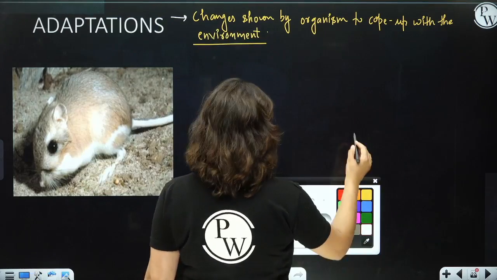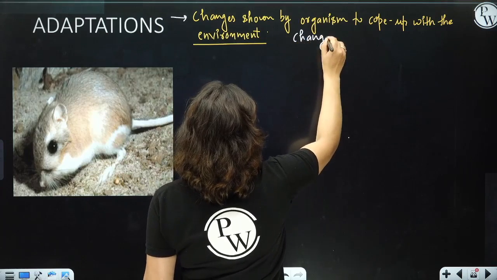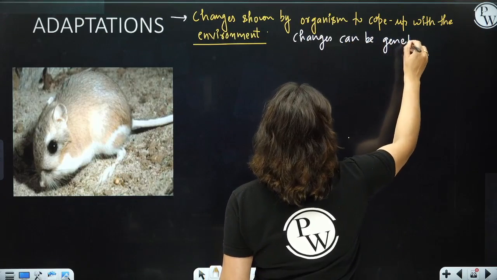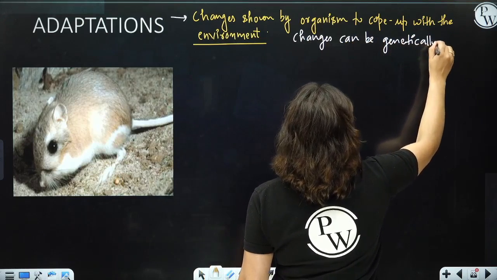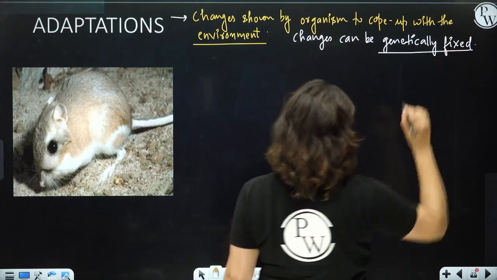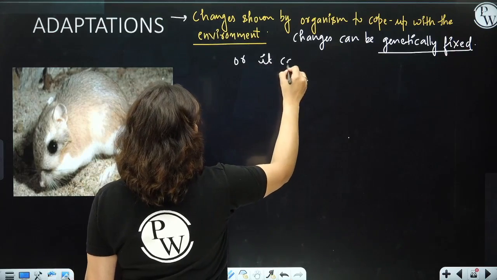And these changes can be genetically fixed. That means they can be genetically fixed and can be inherited from one generation to another, or it can be epigenetic.